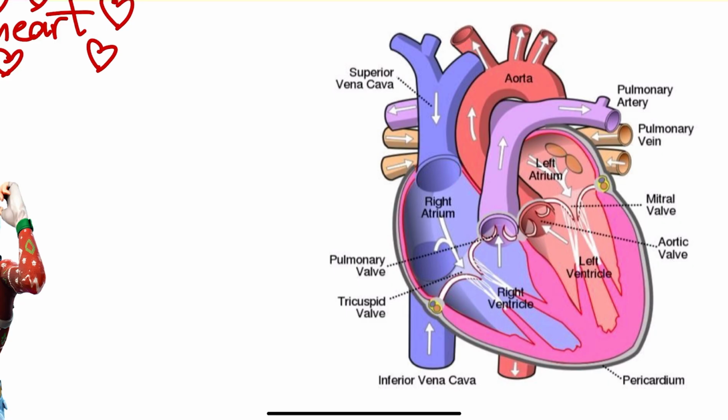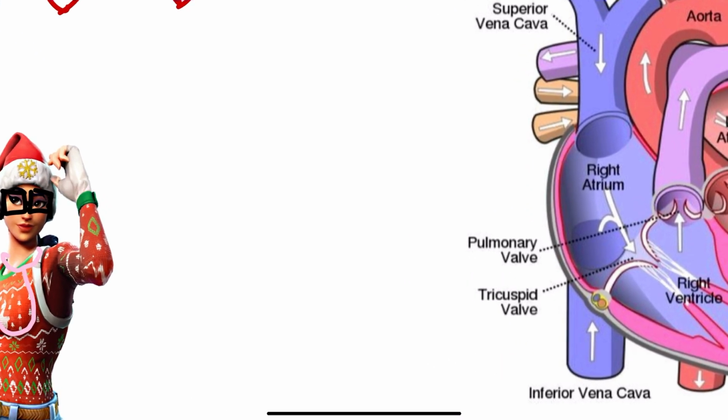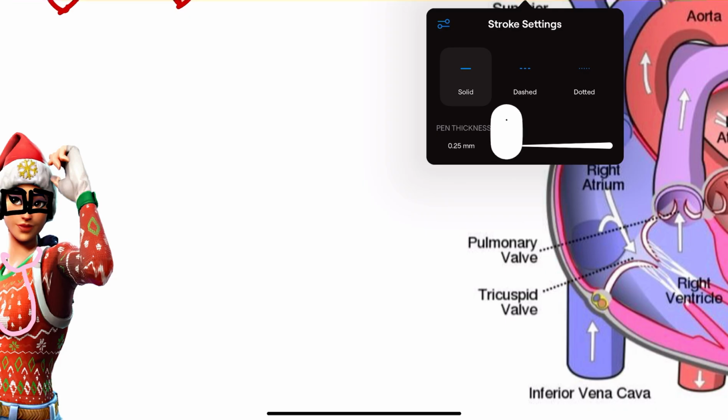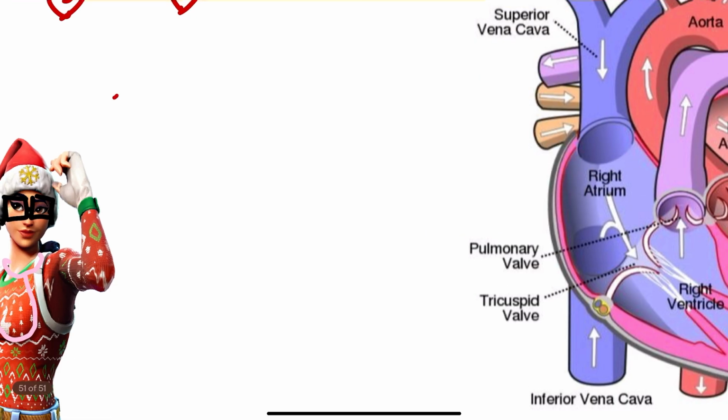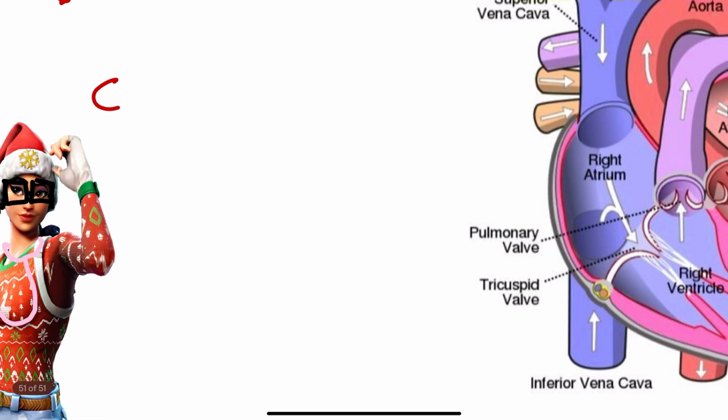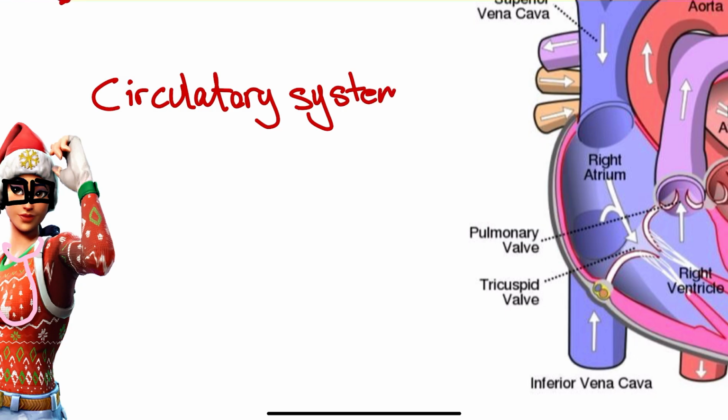So there are 3 major components of the circulatory system. Circulatory system. I'm gonna make my pencil thinner. So there are 3 big components.